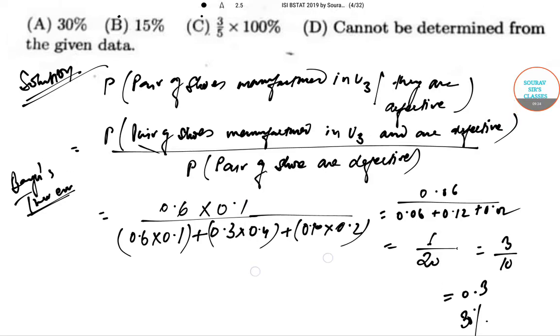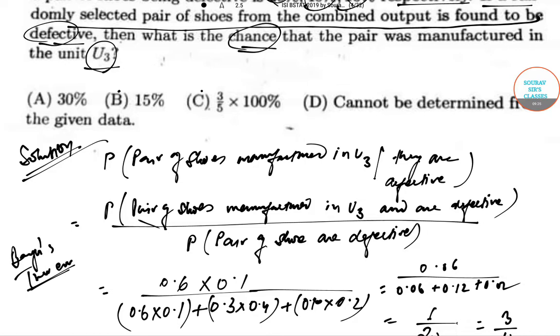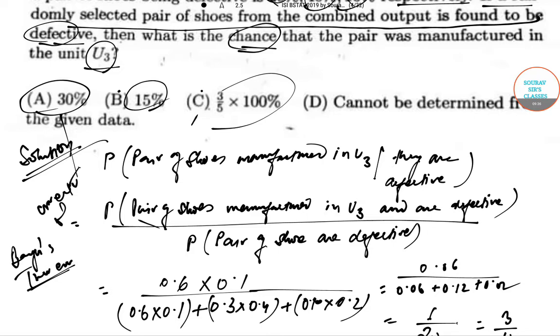Option D was cannot be determined. Option C was 3 by 5 into 100, which is 15%. Option A was 30%. This is the correct option, so the right option is option A.